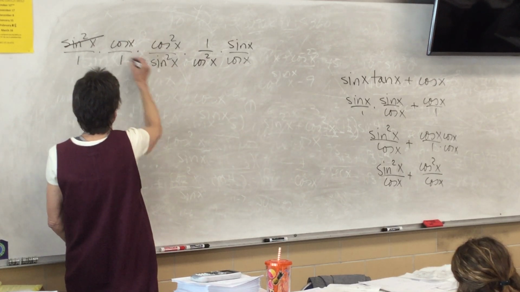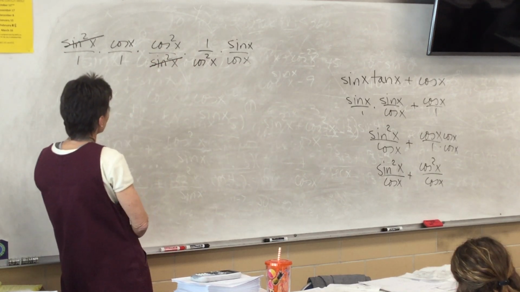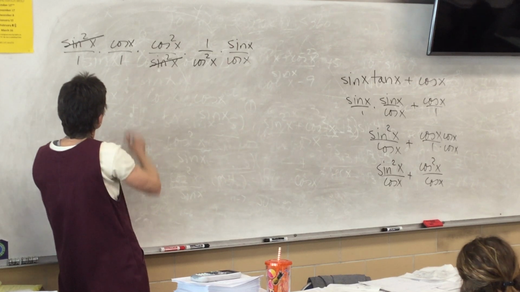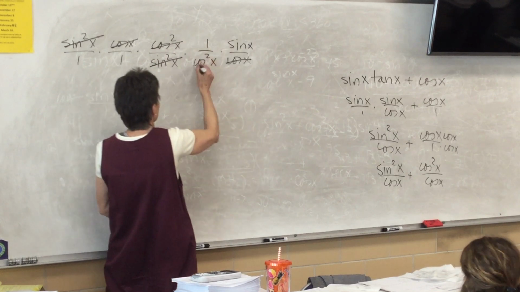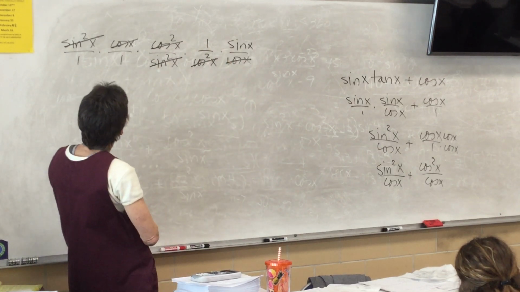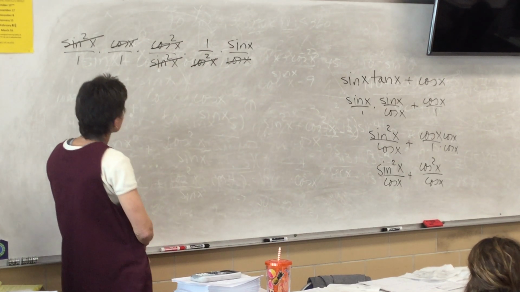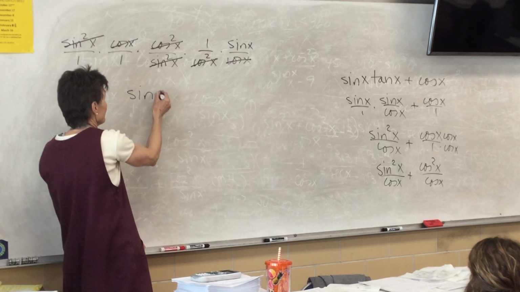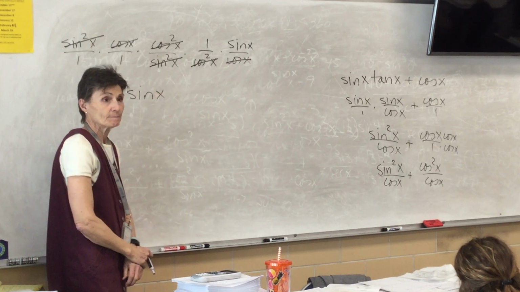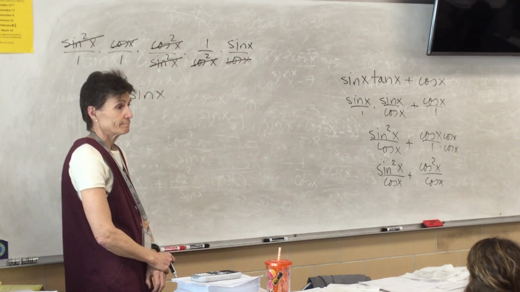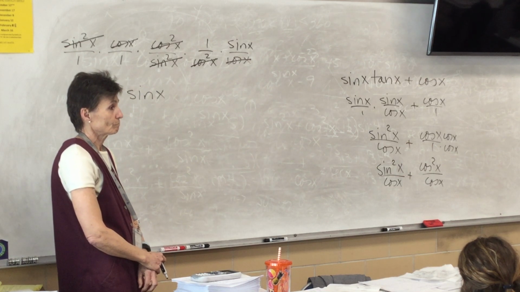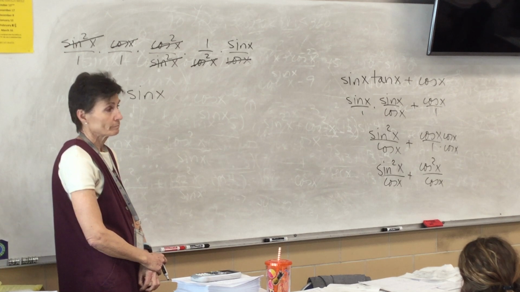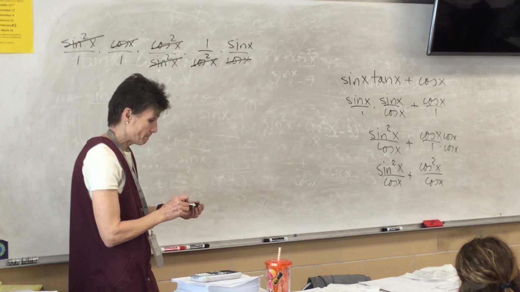So the sine squared and the sine squared will cancel. The cosine and the cosine will cancel, and the cosine squared and the cosine squared, oh my gosh. Sine? Is that all that's left? Yeah. You okay with that?